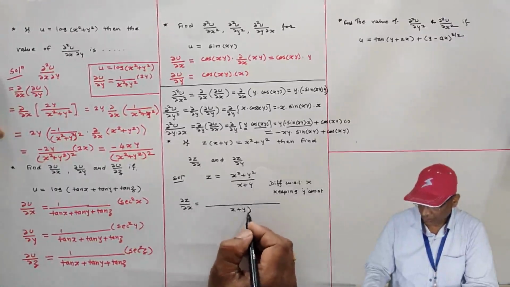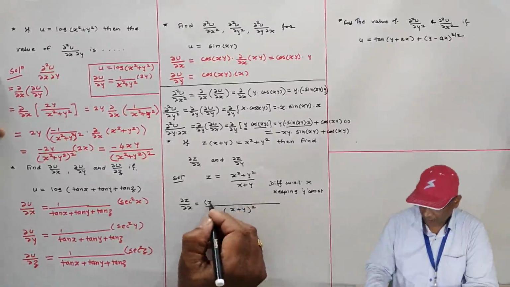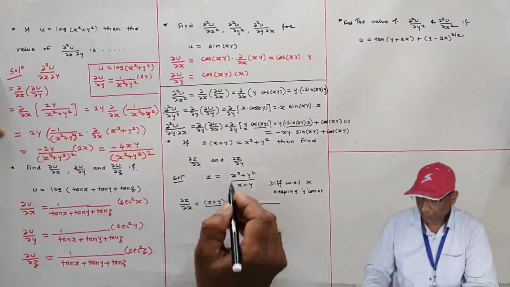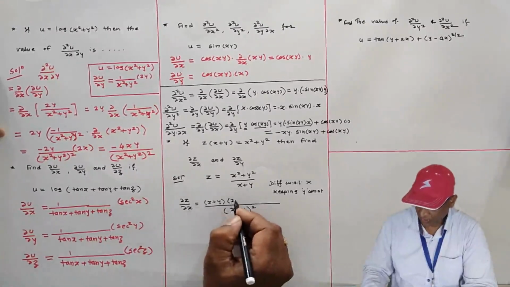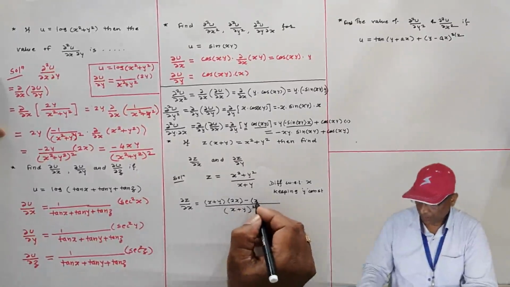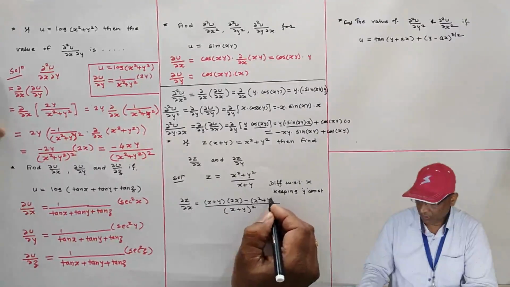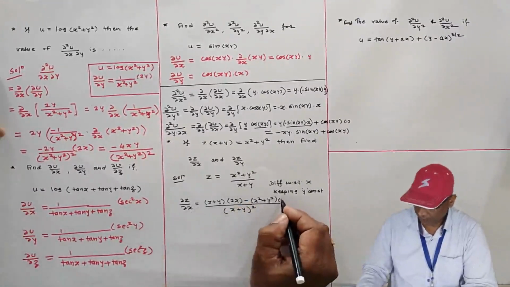What is the u by v rule? What is the quotient rule? Denominator square, denominator, derivative of x square plus y square with respect to x, keeping y constant, is 2x, writing directly. Numerator, and derivative of the denominator with respect to x, keeping y constant, is 1.